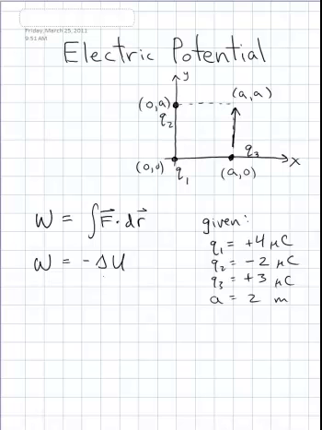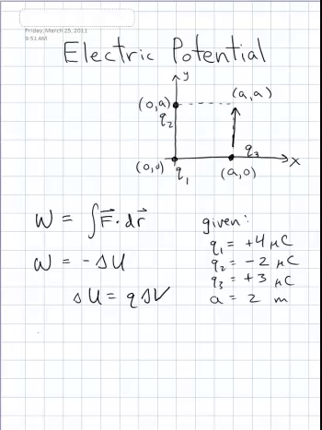And then we've got the electric force was conservative, and we're saying work is negative delta U for our electric forces. And delta U is Q delta V, where V is our electric potential.